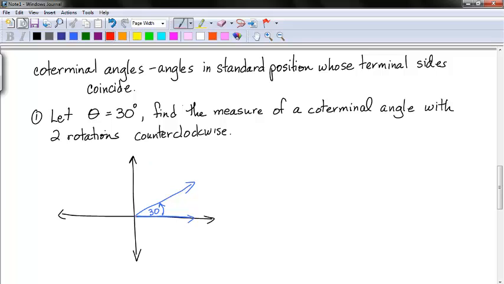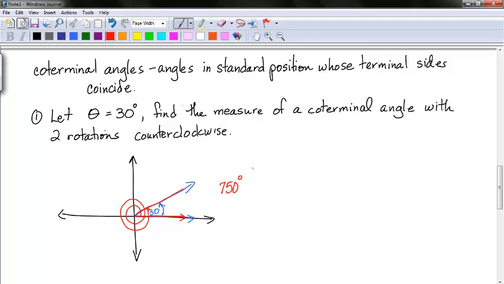So you start on the positive side of the x-axis. What's one rotation counterclockwise? 360, right? Go around again would be 720. Now the terminal sides have to coincide, so you go up to meet that terminal side. So 720 plus 30, 750 degrees.